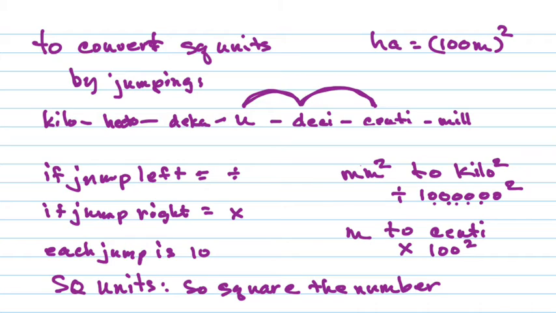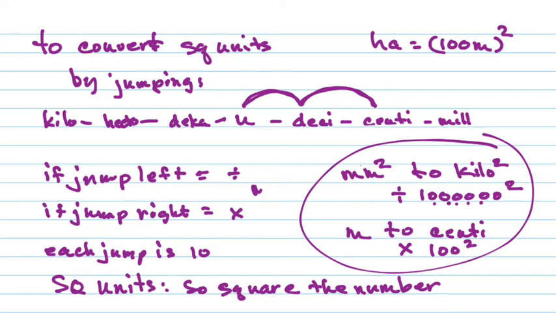Make sense? So instead of just memorizing a bunch of multipliers or dividers, you have a process for working with it as long as you remember to square it when it's square units. We did the same thing with perimeter, but it wasn't square units. Now remember that these are your multipliers.